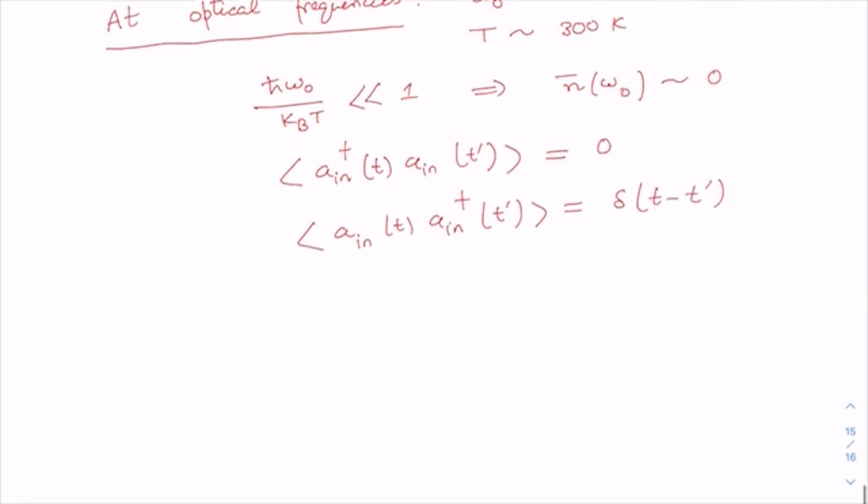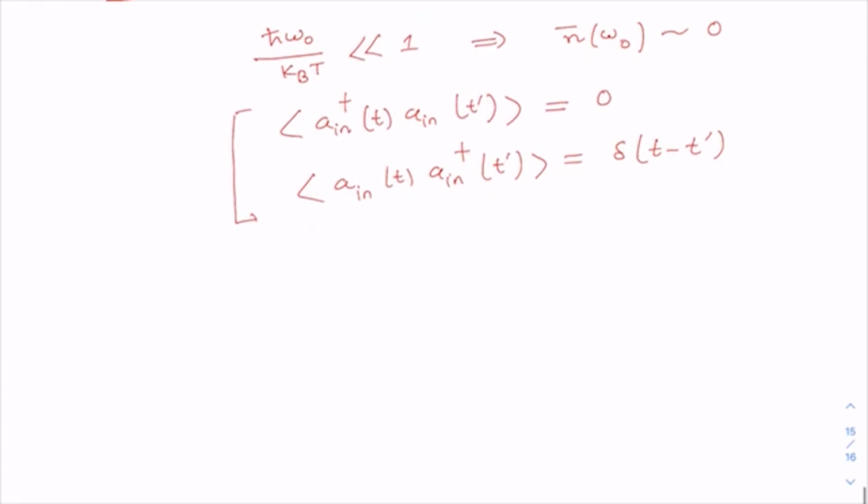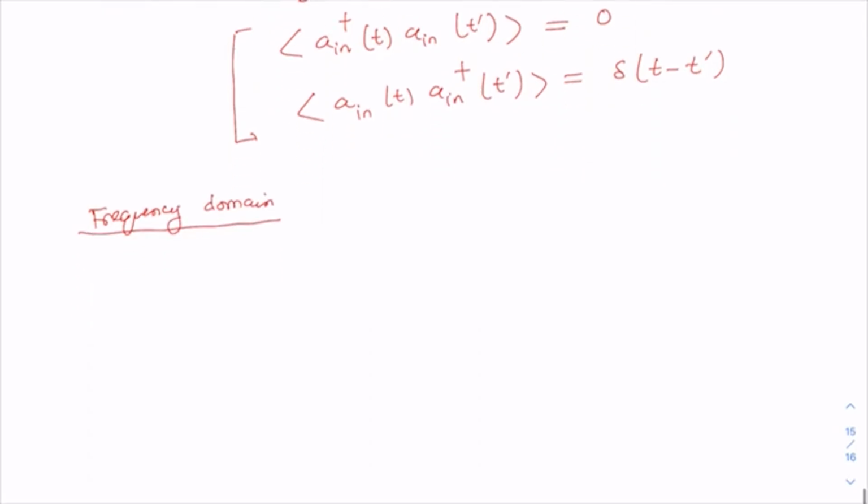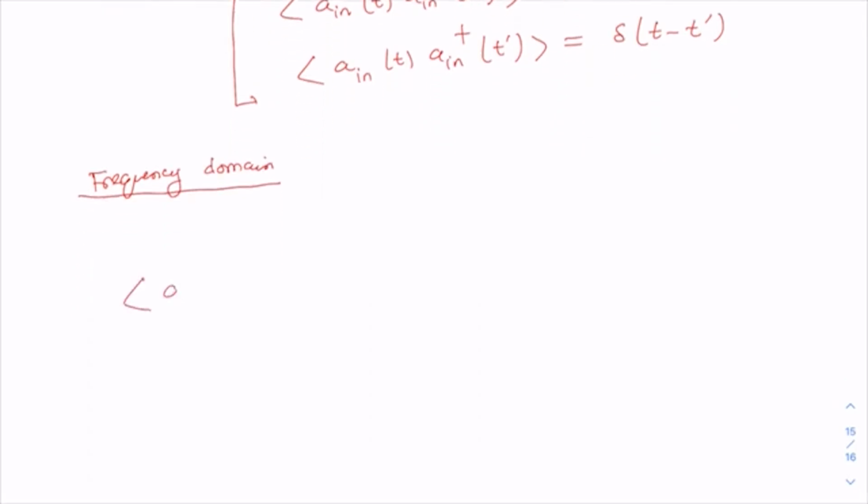Okay, this we have done in the time domain, so we can work out this correlation in the frequency domain as well, and that is very straightforward to calculate. So let us calculate A in of omega and A in dagger of omega dash.